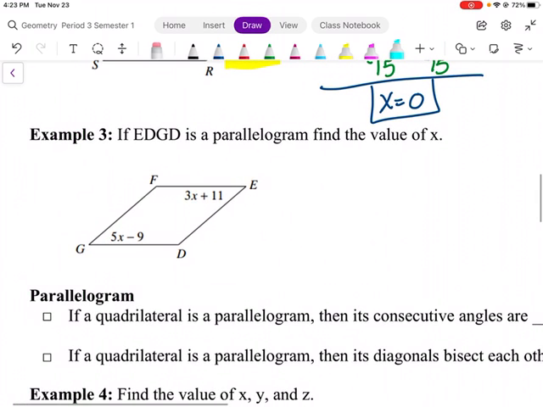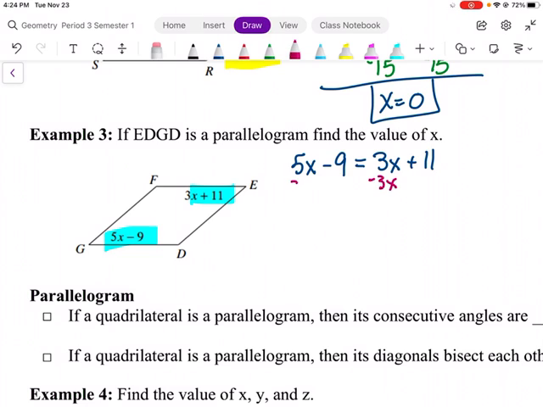And then if you've already done example 3, you should have set the two angles equal to each other because they are opposites. So you could have had 5x minus 9 equals 3x plus 11. And when you were solving, you could have subtracted 3x on both sides, which would give us 2x minus 9 equals 11.